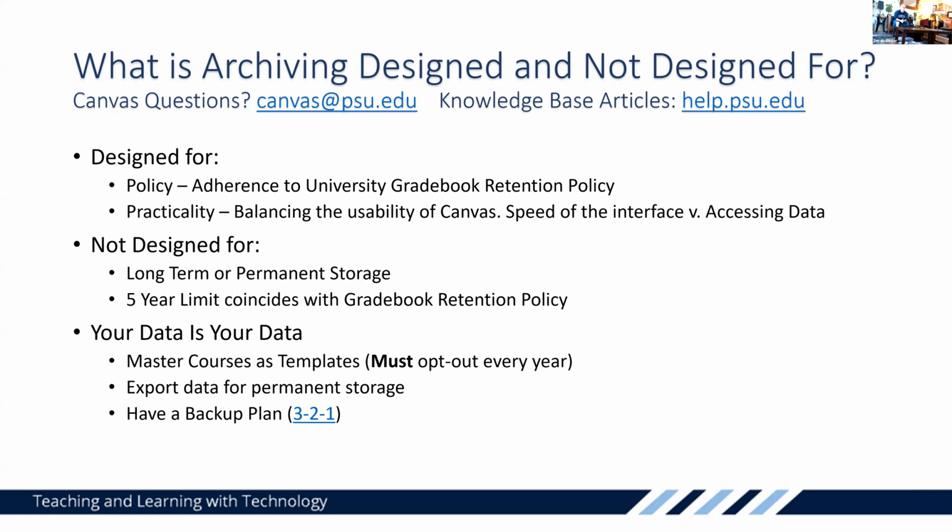The Canvas team has responsibility for that, and the gradebook retention policy is for 5 years. So what we're looking for is to design an archiving system that will retain grades for 5 years. Now notice I'm saying grades because that is the most important thing. It's the gradebook and not necessarily course content, but I will get to your course content in a little bit as well.